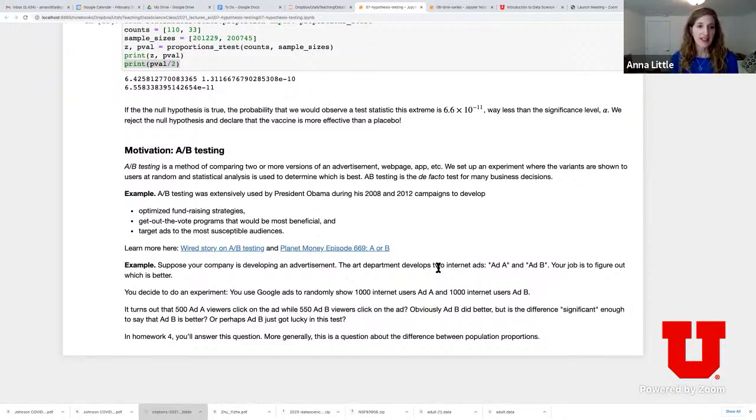A/B testing is a method of comparing two or more versions of an advertisement, web page, app, etc. For example, you can think about Amazon trying out if they want to change the display of their homepage. They make a small adjustment to the display, maybe they add a button, or they add a picture, or they do something different, and they direct a small amount of their traffic to the new version of the site.